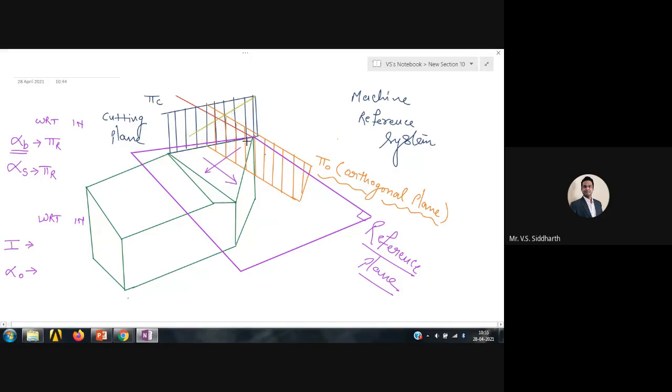This is my pi y plane or not? I will show it with a darker shade. This one is the pi y plane.